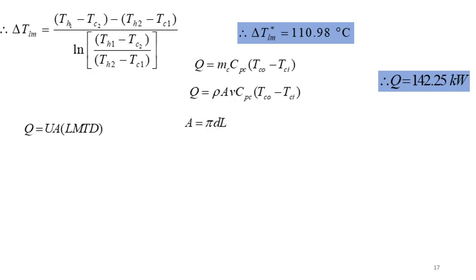From this we can calculate the area. Substituting the Q value, U value and LMTD value, you can find the area. Once you know the value of area, you can find the length, and you will get 2.73 meter. Okay, this is about that problem.